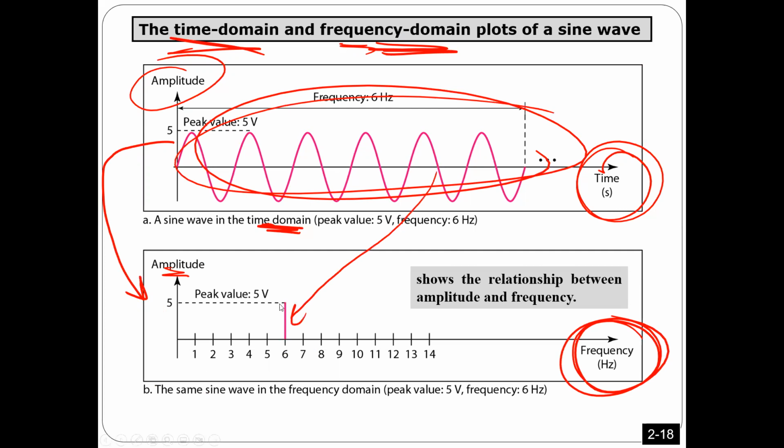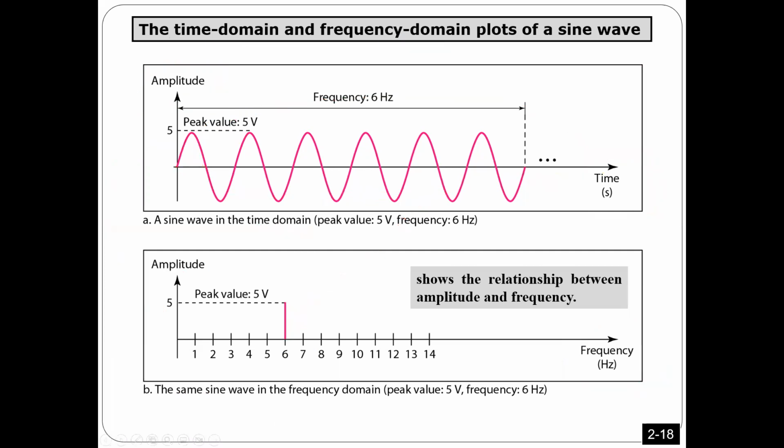It's a spike at the frequency of the signal. This signal is 6 hertz and the amplitude is 5. So I'm going to make a spike this way, at 6 and 5. That's it. That's what we call frequency domain.